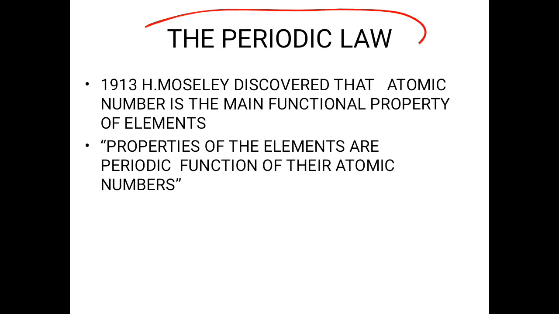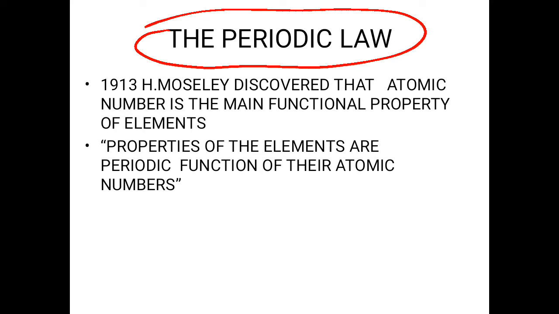Now there is another very interesting topic which is applied in the rest of the chapter: the periodic law. What is periodic? Periodic means something which repeats itself after a certain time or certain gap or interval. In a periodic table, elements are classified periodically, in such a way that properties will be repeated.